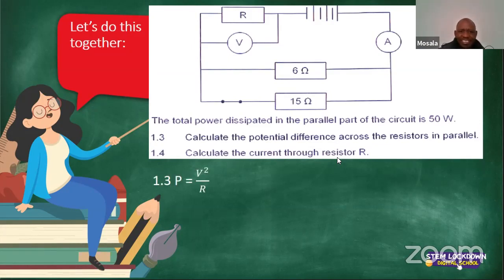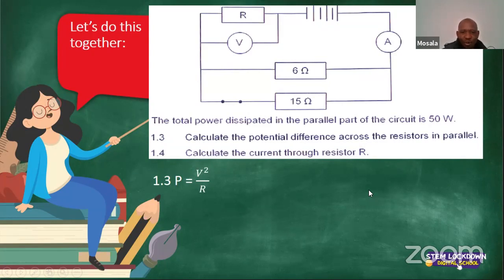Now, the first thing is to calculate the potential difference across the resistors in parallel. We know the power equals V squared over R, because we are looking for the potential difference. We have calculated the effective resistance across the parallel combination.